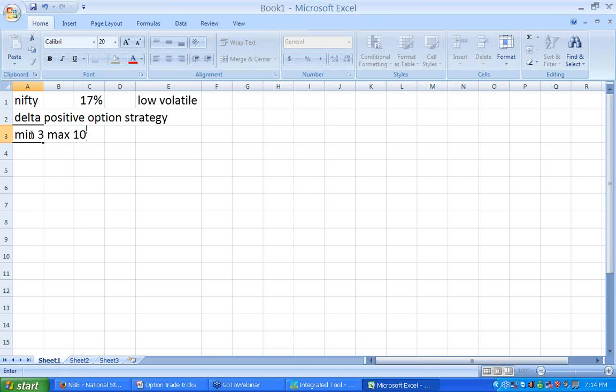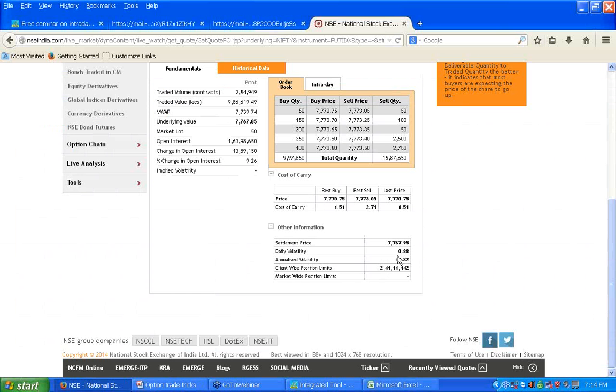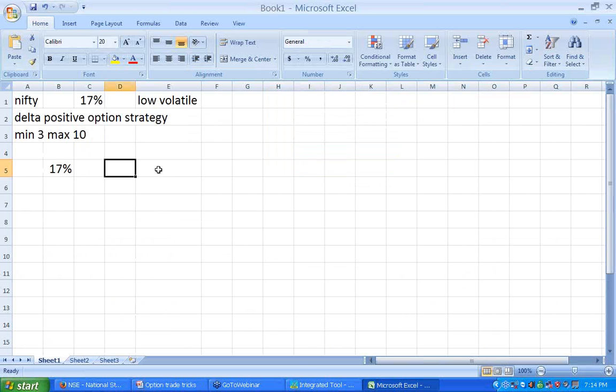For that we need to take the help of 2-3 parameters. First, the volatility. Volatility is 17%. This says that on a daily basis we have 0.88 point of volatility. So 0.88 is the daily volatility.